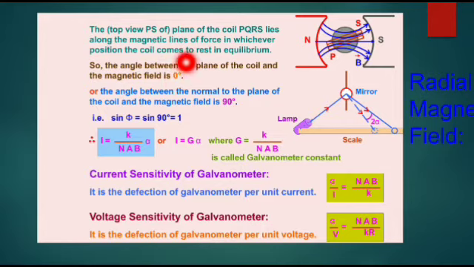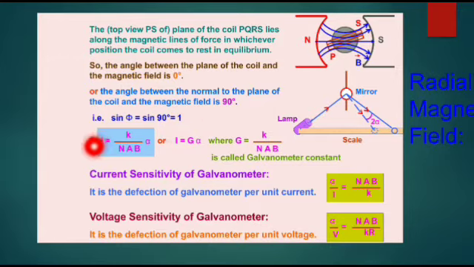Sine phi is equal to sine theta, that is the angle between the normal to the plane of the coil and the magnetic field. See the red lines, that is the coil plane, and this is the magnetic field. So it is always perpendicular. Therefore sine phi is equal to sine 90 degrees, which is equal to 1.